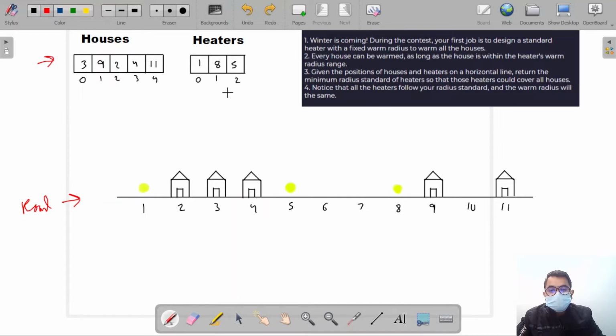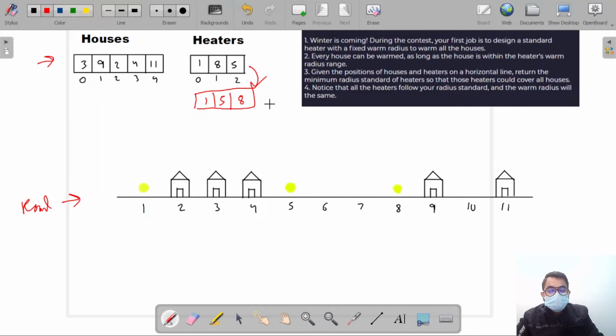So first of all, if we are trying to find floor and ceil from an array, it is better to have a sorted array. So the first thing we are going to do is sort the heaters array. So I have sorted this array.